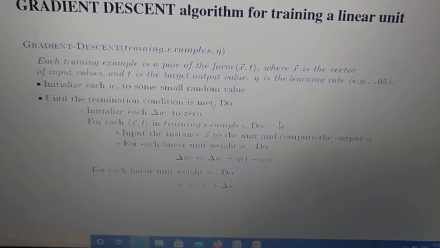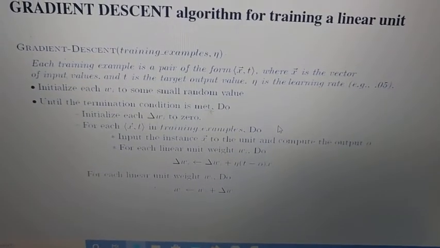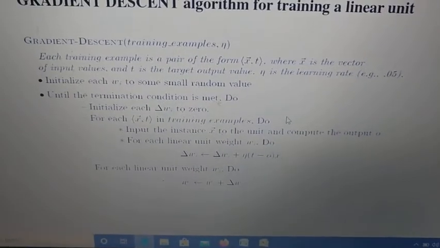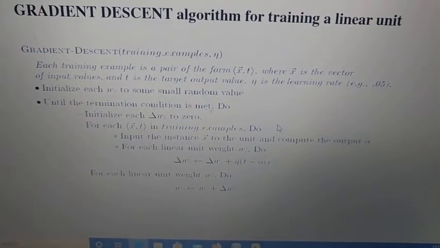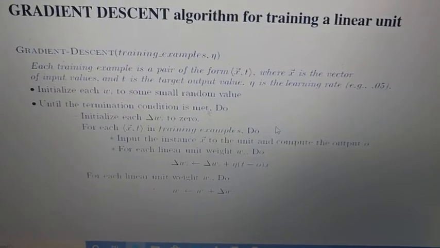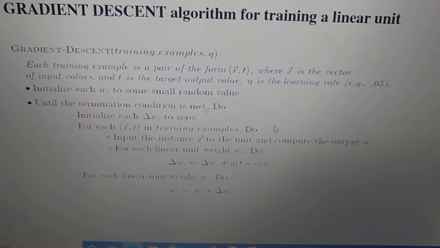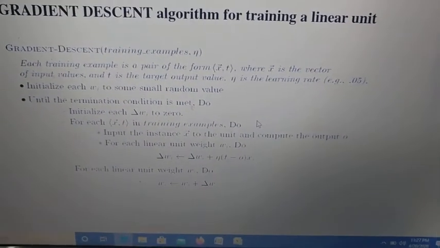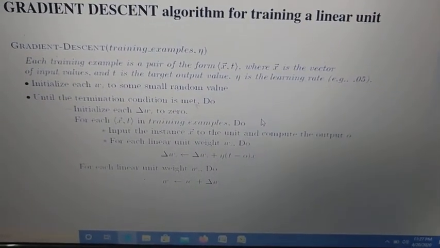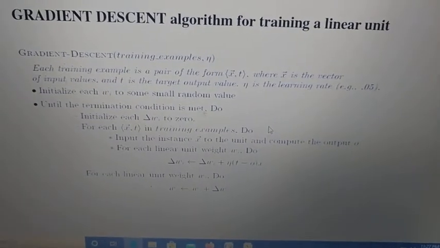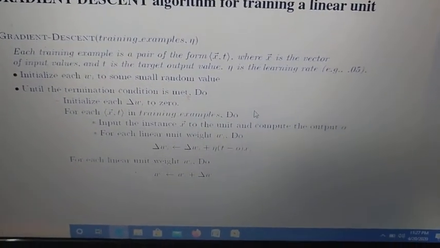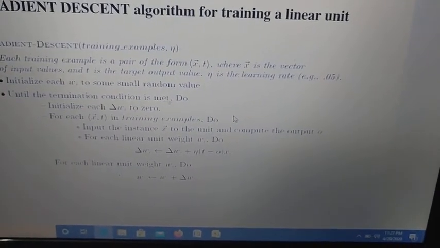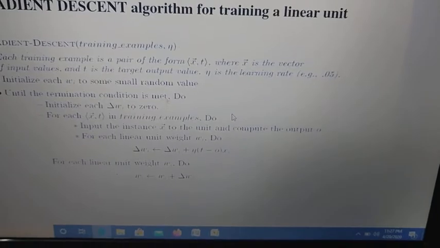Initially, for the first round of prediction, the first iteration, we must assume delta wi is equal to 0, and we consider only the wi value, which is also a random value. Now for each x vector, t, that is an input vector and an output in a training example, input the instance x vector to the unit and compute the output.